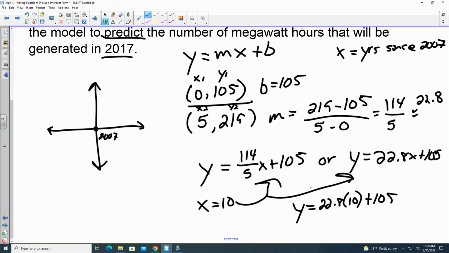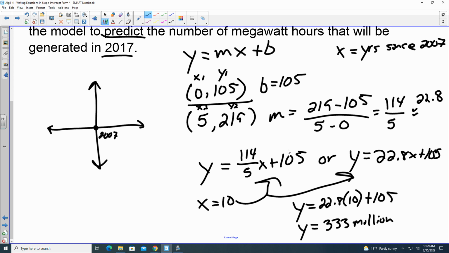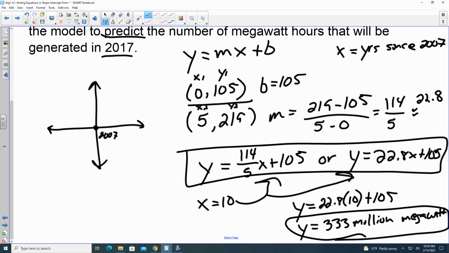And when you take into account order of operations, y gets us a value of 333 million megawatt hours. So this is our equation, and this is our prediction in 2017.